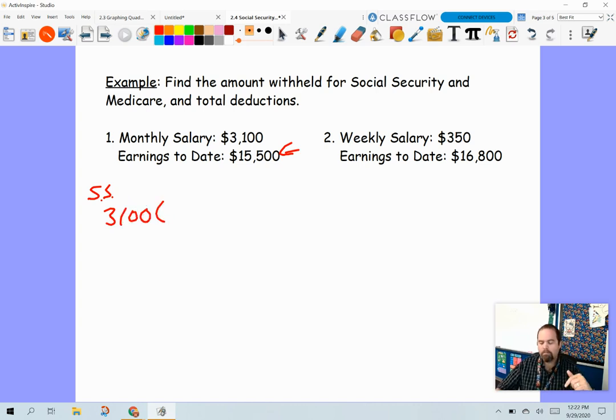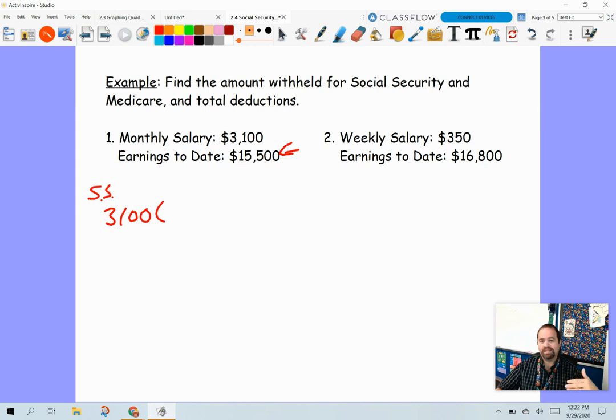So their monthly salary. Now, when we did the federal income tax and the state income tax, we looked at annual dollar amounts, and then we took it down to whatever we needed. When it's just a flat percentage, there's no exemptions to allot for. There's no bracketing system like the federal income tax. It doesn't matter if you calculate a percentage at the annual level, the monthly level, or the weekly level.